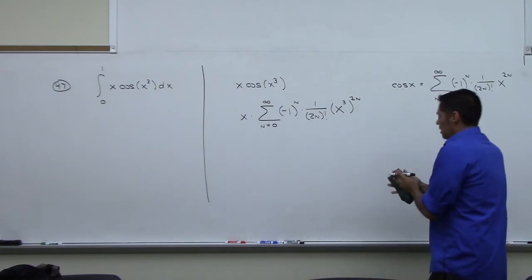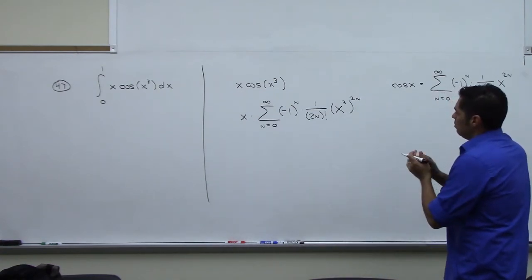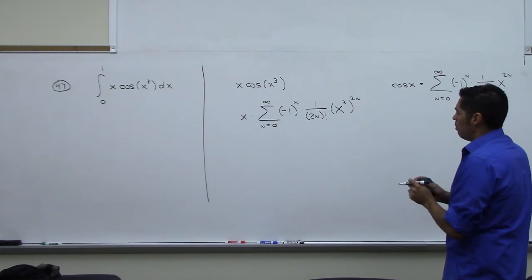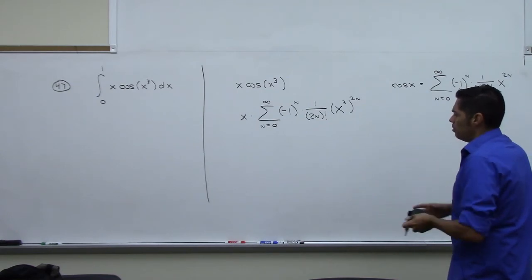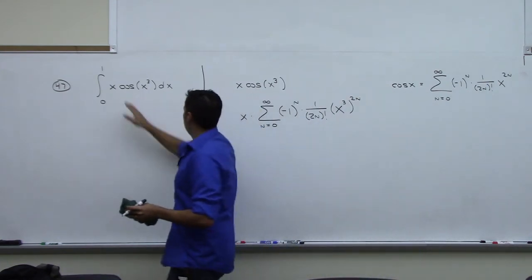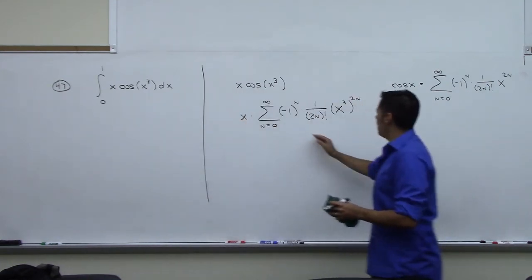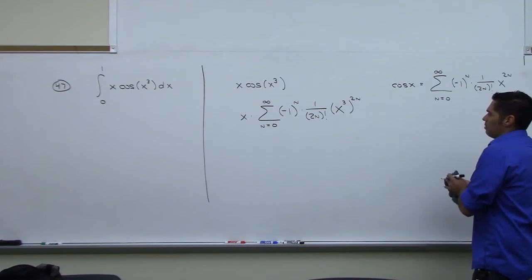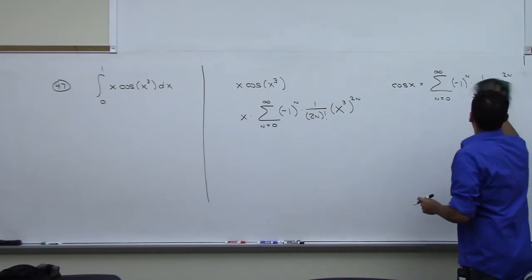Now at this point, we need to set ourselves up for doing the integration, because we have to integrate. So we're going to need to get that x in here, and then make it look like a power series that we can integrate.